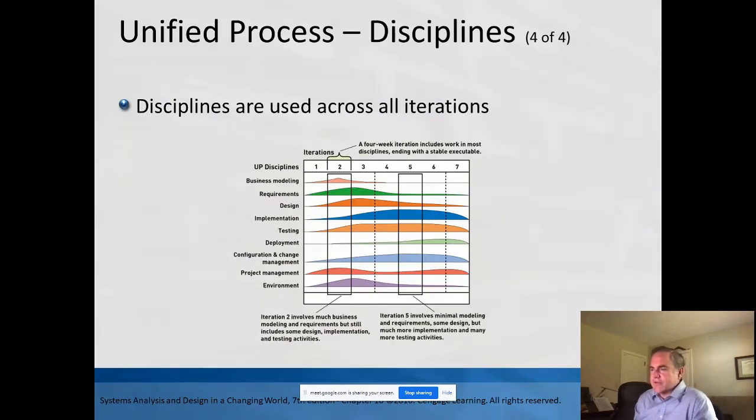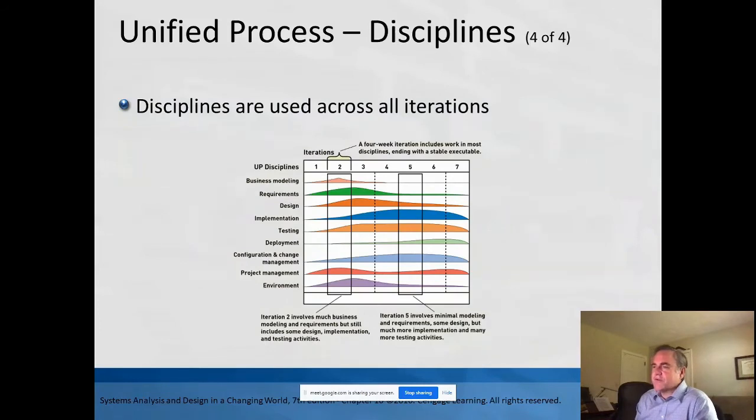So this is a similar chart to what we saw in chapter 1, where you have your various iterations and the focus of the disciplines. These are essentially the phases, but the focus on the disciplines through each iteration. And you see the project management has a heavy focus in iterations 1 and 2, as do the requirements gathering in 2 and 3, the design in 2, 3, and 4, and so on and so forth.